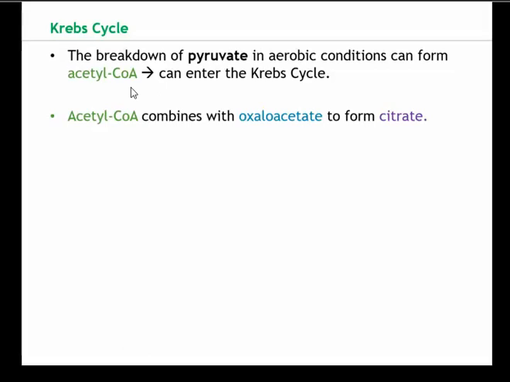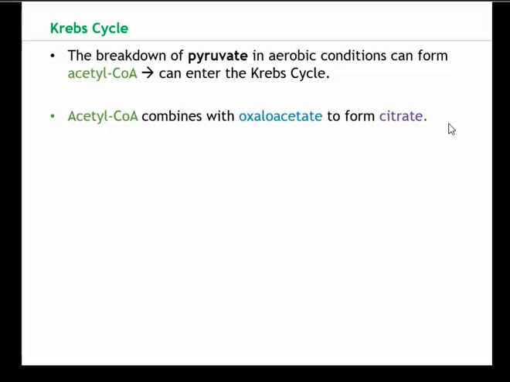So in the presence of oxygen, acetyl-CoA delivers its 2-carbon acetyl group to oxaloacetate to form a 4-carbon molecule. If you remember, pyruvate was a 3-carbon molecule, and then we lost a carbon. Acetyl-CoA is a 2-carbon molecule, and then when it combines with oxaloacetate, that's a 4-carbon molecule. When it forms citrate, that's now going to be a 6-carbon molecule.